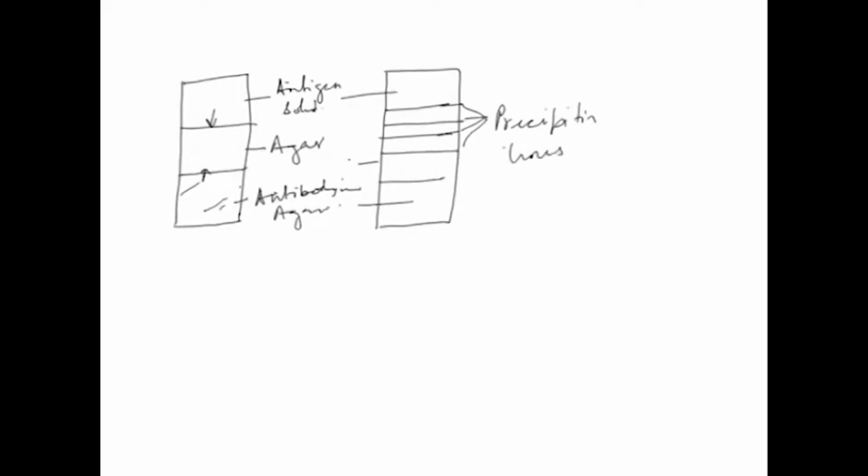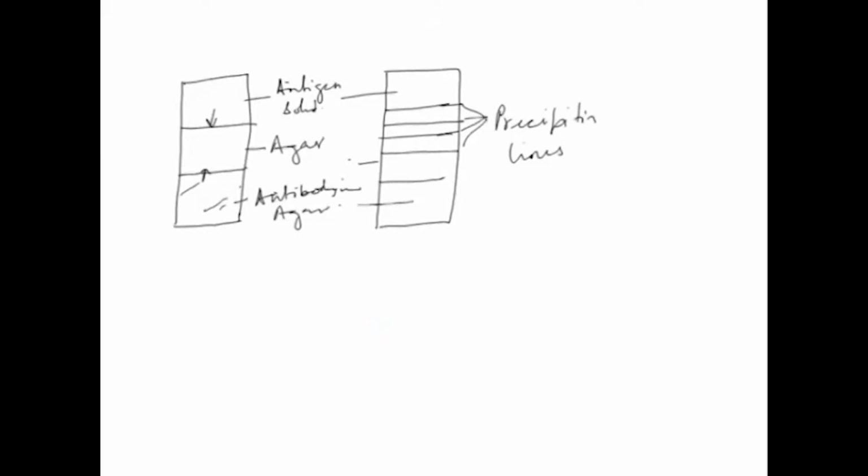Now, you will see one precipitin line if there is only a single antigen and antiserum for that. You will see multiple precipitin lines if it is a complex mixture of antigens and the corresponding antibodies are available in that antiserum. So, this is double immunodiffusion in a single dimension.